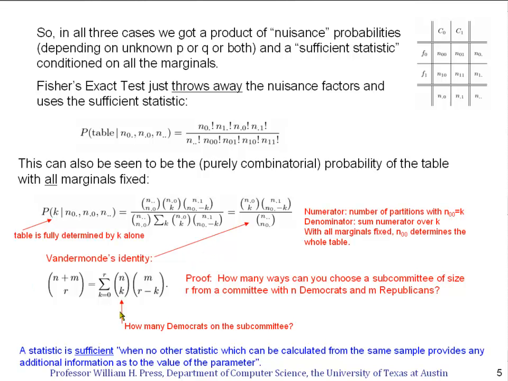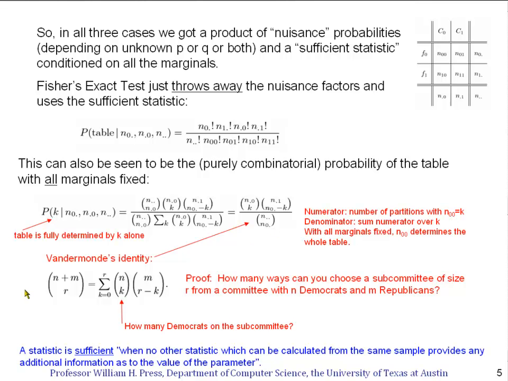I've written it out here, and you'll see that it allows me to replace the sum over these two things with the sum of the numerators in a single choose function up here, and the sum of the denominators here, giving n0 dot here.